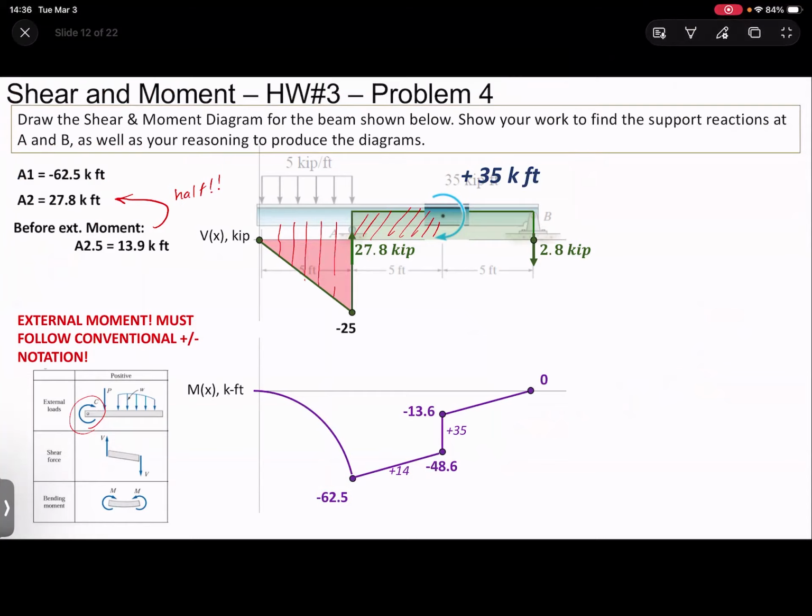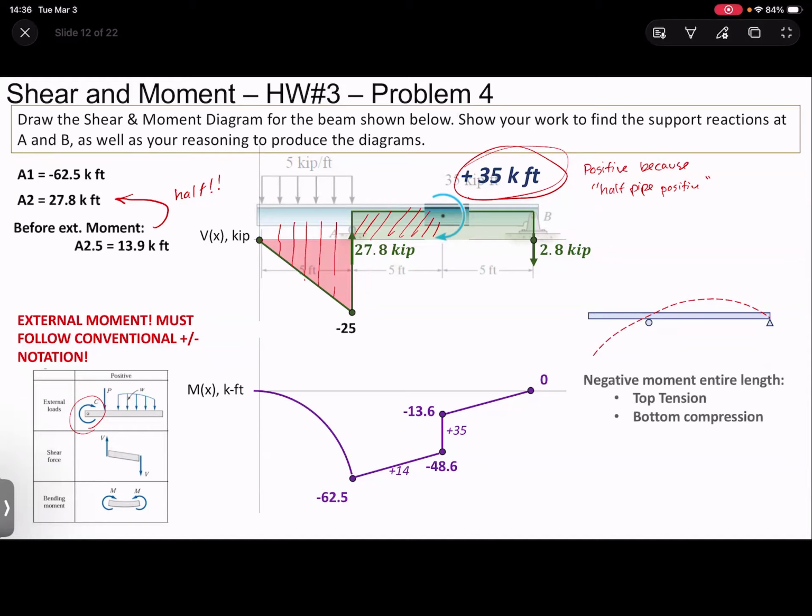Half pipes are positive. Roll-ins are fun, but half pipes are more fun. So think about it this way too: the deformed shape of this would look like this, right?